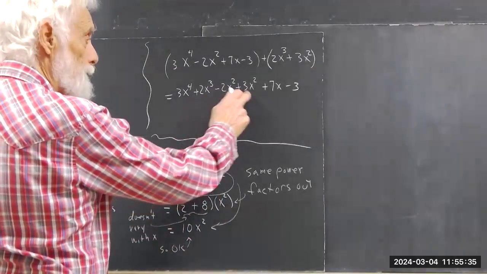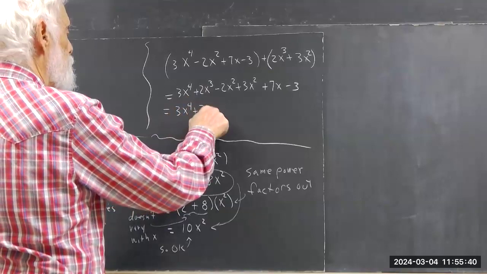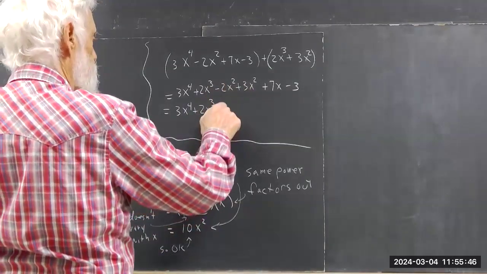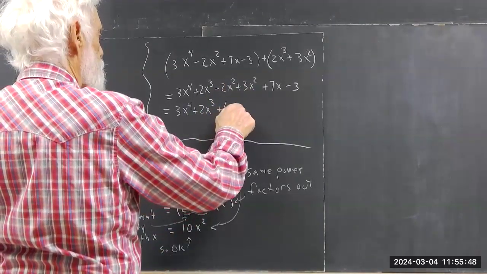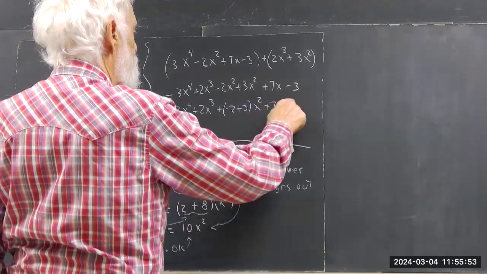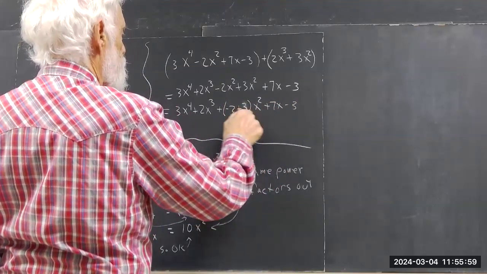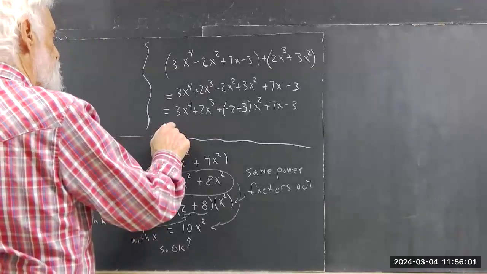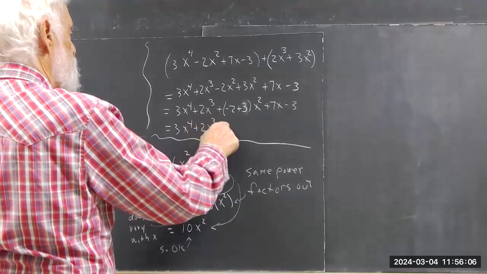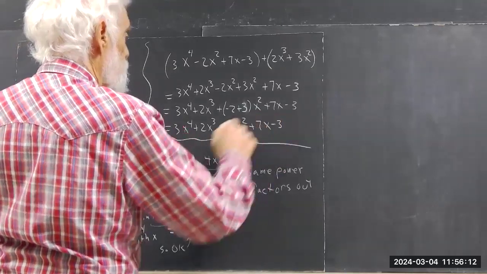The only place we have the same power is here. So we write this as 3x to the fourth plus 2x cubed. And then we could write this as plus negative 2 plus 3 times x squared. That's 3x to the fourth plus 2x cubed plus just plain old x squared plus 7x minus 3.